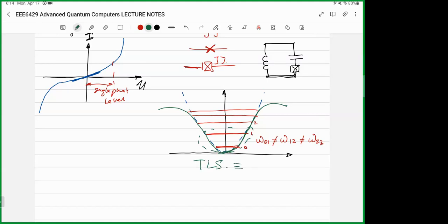Or a qubit. So this is the fundamental principle of how these Josephson Junction based qubits operate. There are different types of Josephson Junction based qubits, but the main point is like this.